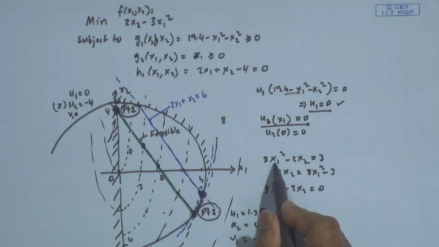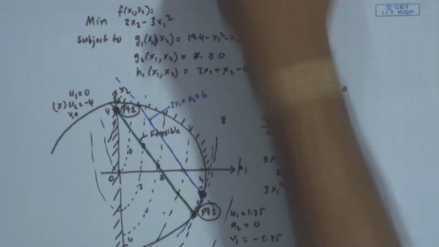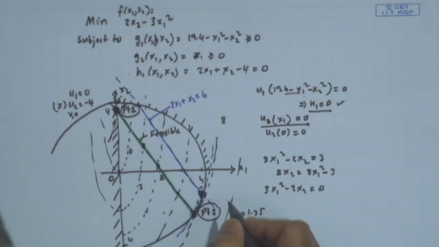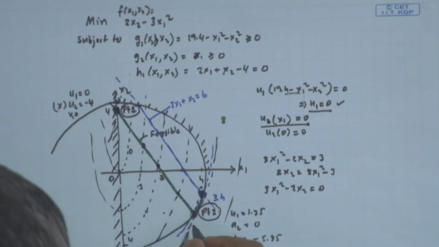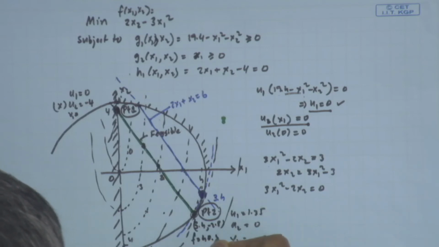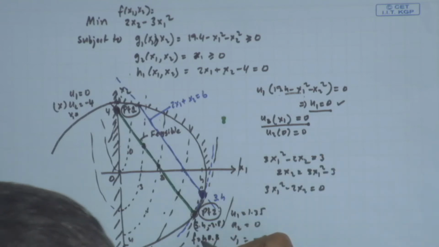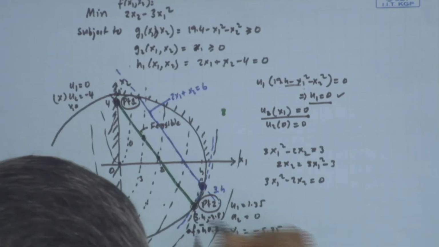So x1 is, I forgot what was that, x1. x1 is 3.4, sorry, 3.4 and minus 2.8. So 40.8, is it? Okay. So is it minus or plus? It will be minus, sir. In the minimization problem, it will be minus. So it will be minus 40.8.